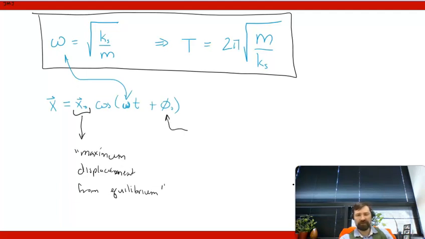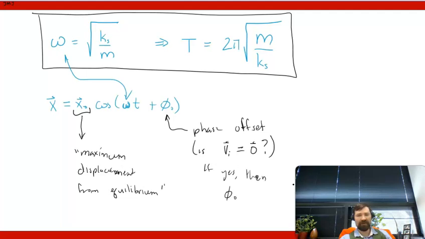This right here, again, is phase offset, and what it basically means is: is my initial speed v initial equal to 0? If yes, then the phase term phi naught will also equal 0.